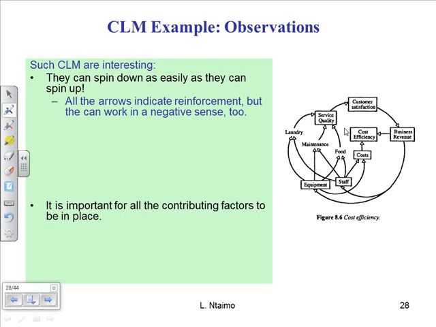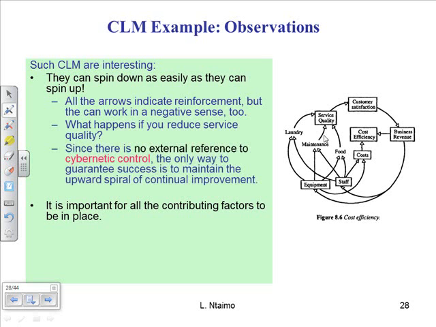That's what we need. So the arrows are basically indicating that we need to have reinforcement, but it can also work in the opposite way. For example, if we reduce the service quality, what's going to happen? It's going to spin the opposite way, right?